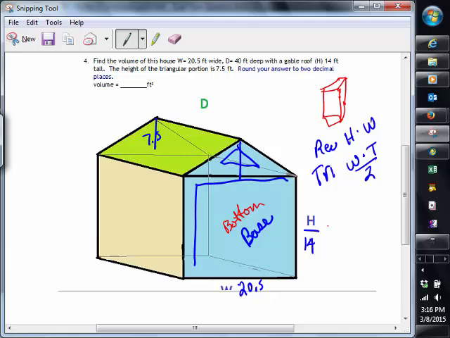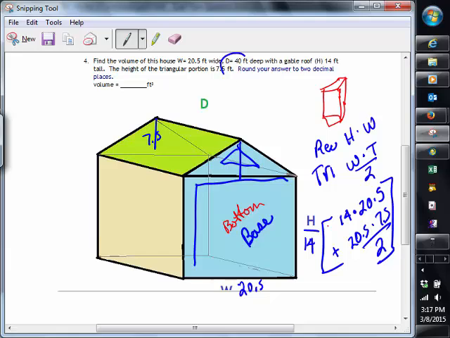Let's get their actual length. So it's 14 times 20.5 plus 20.5 times 7.5 divided by 2. And then when we get that answer, we're going to multiply it by the distance here, which is 40.